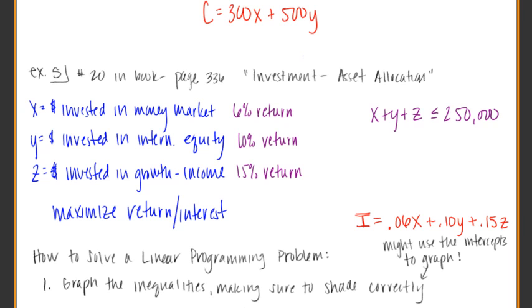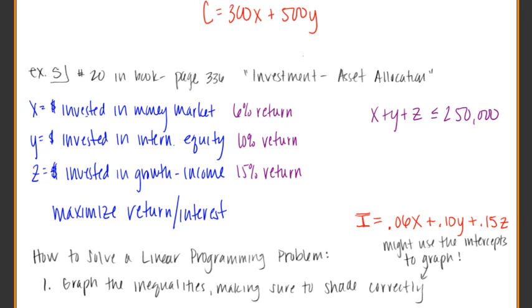So there's our equation. Now the next piece of information says Ashley has stipulated that no more than 25%, so at most 25% of her total portfolio should be in the growth and income fund.